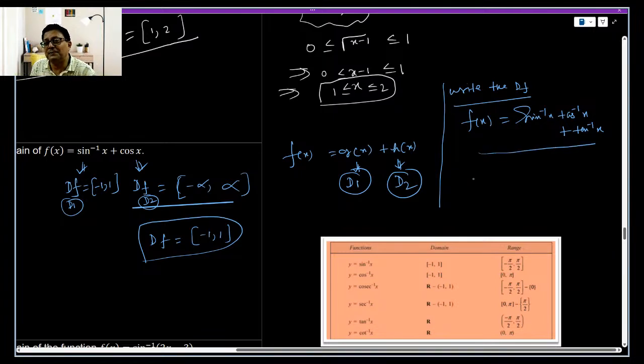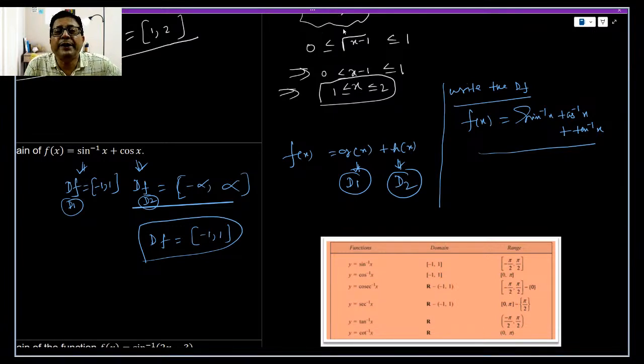Very interesting. Hope all of you can answer now. What is the domain of sine inverse x? You write. The domain of cos inverse x, the table is there in front of you. You all can see that. And the tan inverse x domain also you can see. Clear?